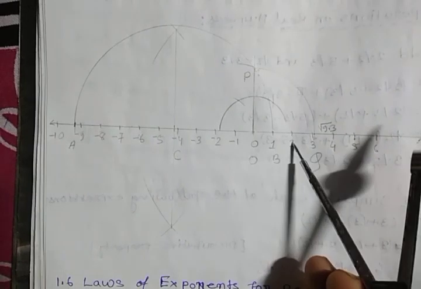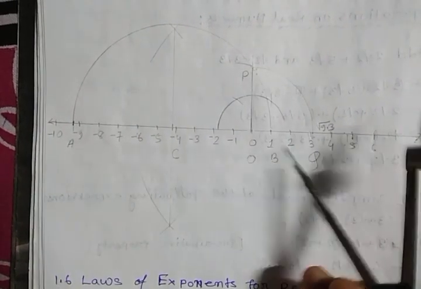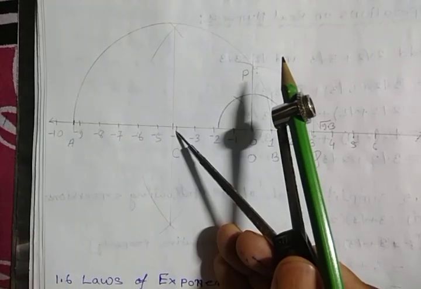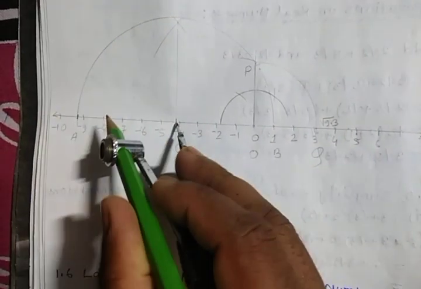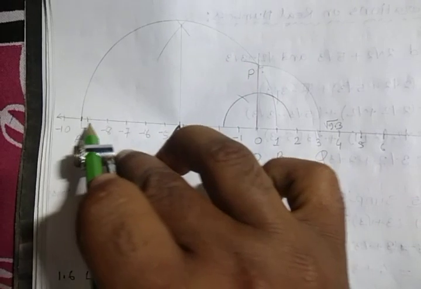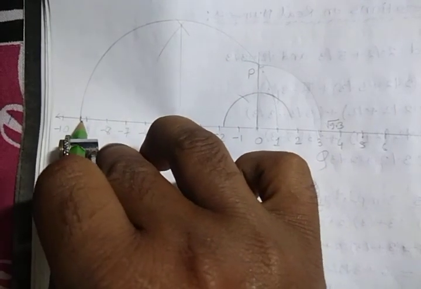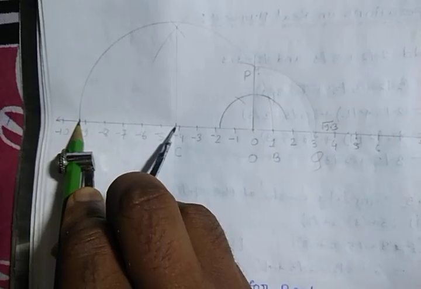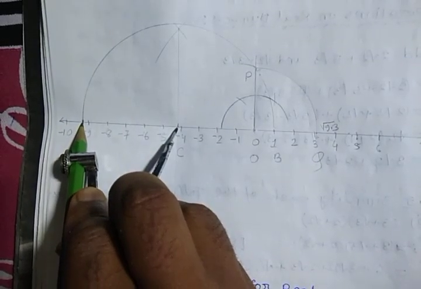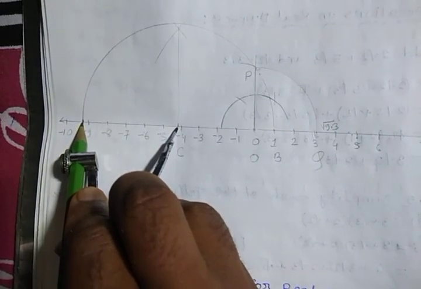So we divide AB and find the midpoint, and we take the length of either AC or BC with the compass, and from C we draw a semicircle.